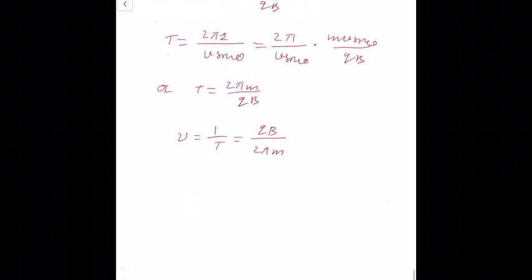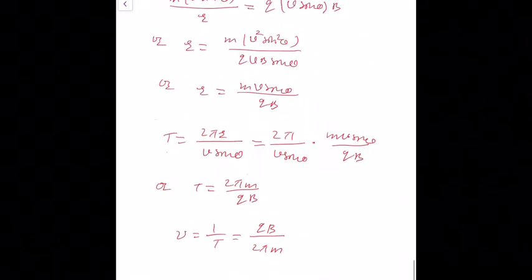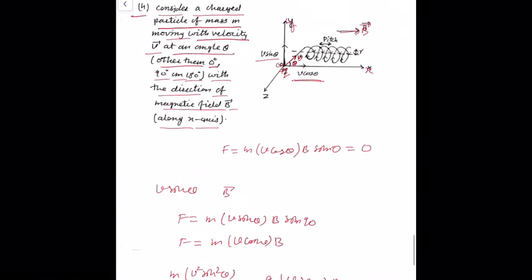In fact, charged particle is under the combined effect of the two components of velocity, v cos theta and v sin theta. It moves along the direction of magnetic field due to the horizontal component v cos theta of the velocity, and at the same time moves in a circular path due to v sin theta component of the velocity.